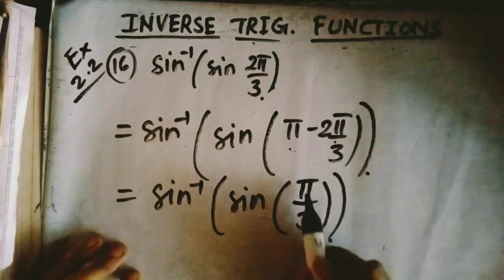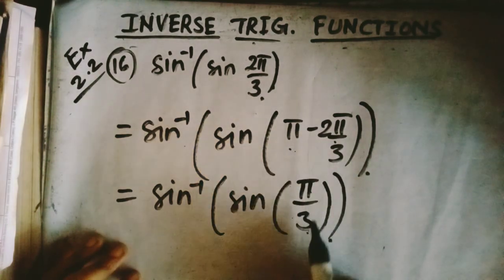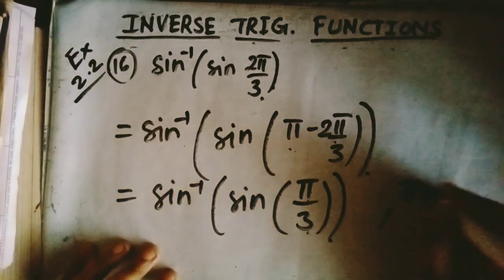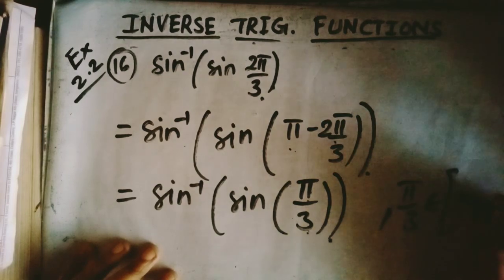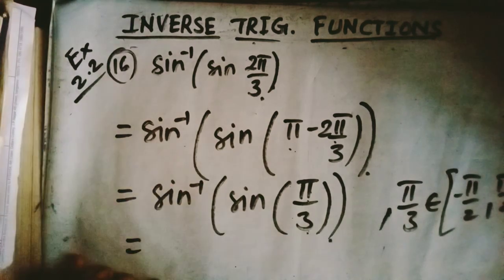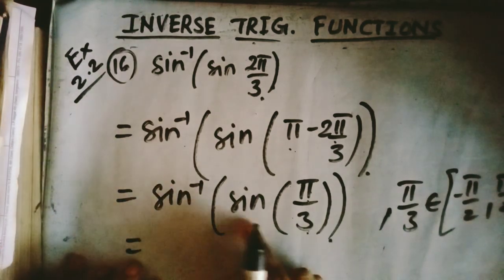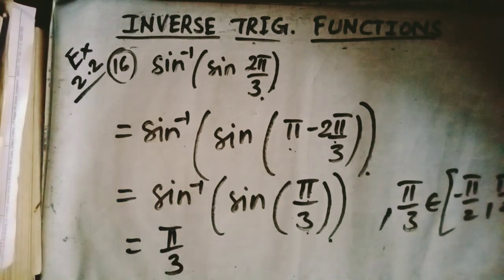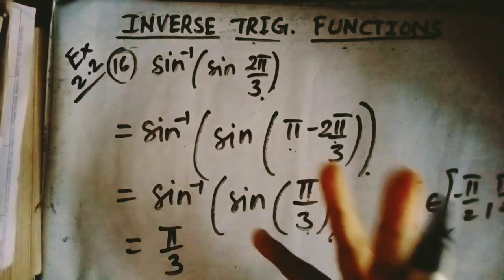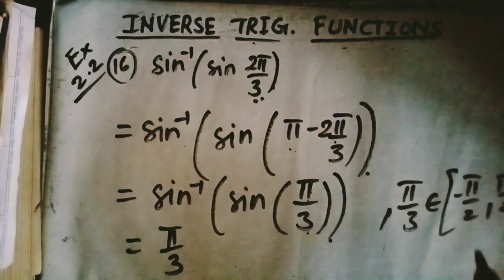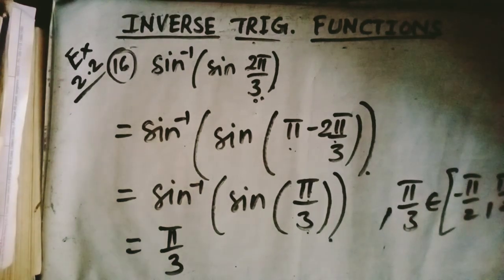Okay, now pi by 3 is what? This is 60 degree, and 60 degree falls in, that is we can write pi by 3 belongs to our minus pi by 2 to plus pi by 2 interval. Okay, so you can simplify this, that is sine inverse of sine of x, you can write it as x. So this becomes your pi by 3. Okay, so first you have to check whether this value falls in that range or not.